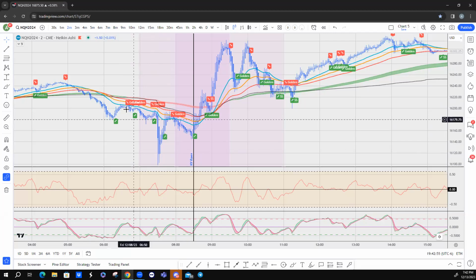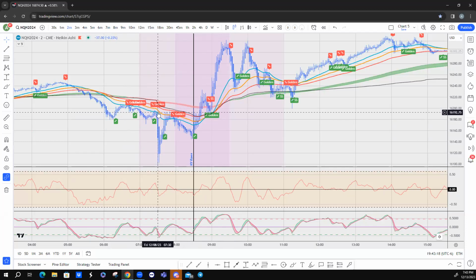And right here, this is news at 7:30. So, I don't know if people like to trade the news. If not, then you don't have to trade. You can just wait until the open. So even though I have that sequence, I always like to have additional confirmation too.